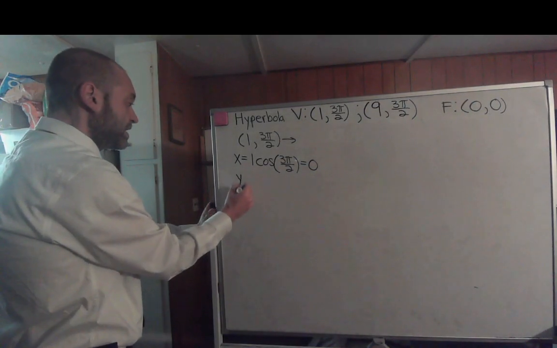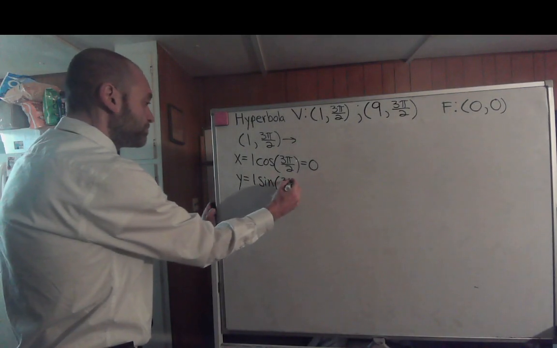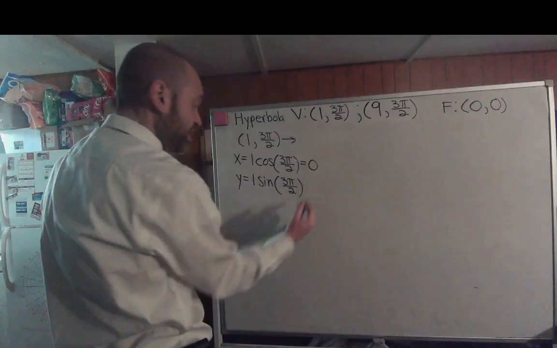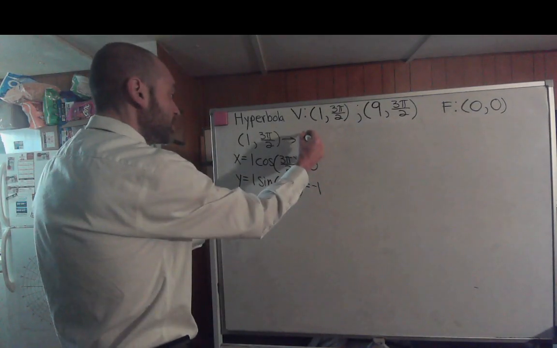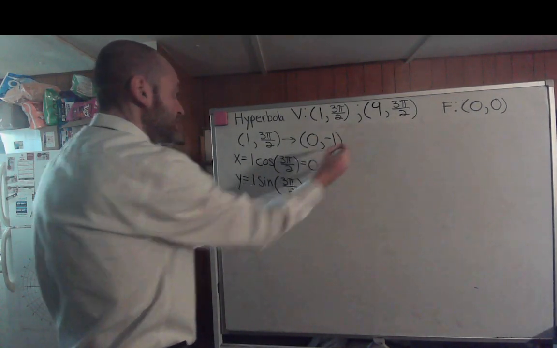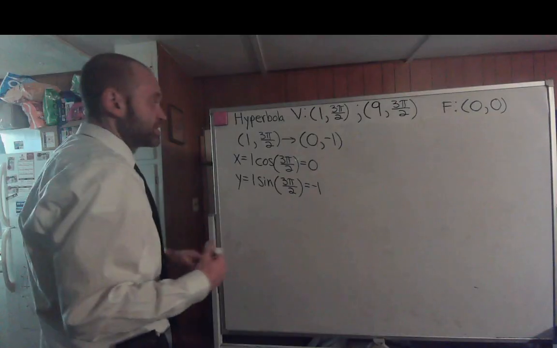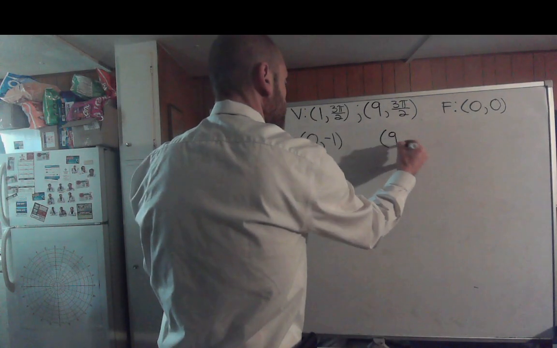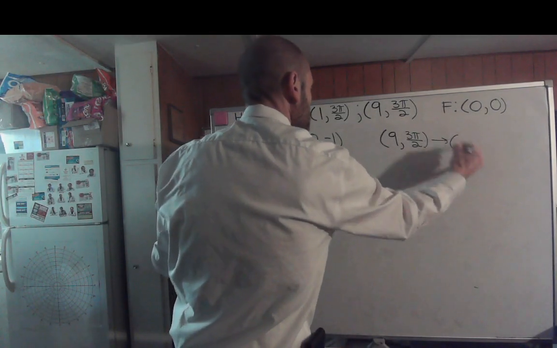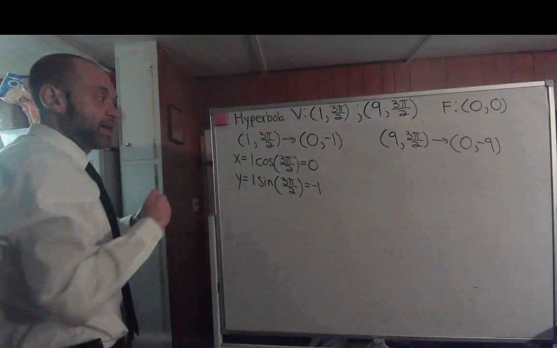Then y equals 1 times the sine of 3π/2. Well, the sine of 3π/2 is -1, times 1 gives you -1. So you end up with a rectangular coordinate of (0, -1). And since you have the same angle, just a different radius, your (9, 3π/2) would just turn into (0, -9).